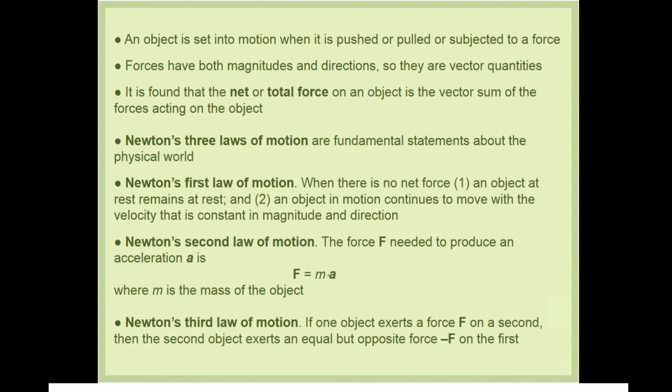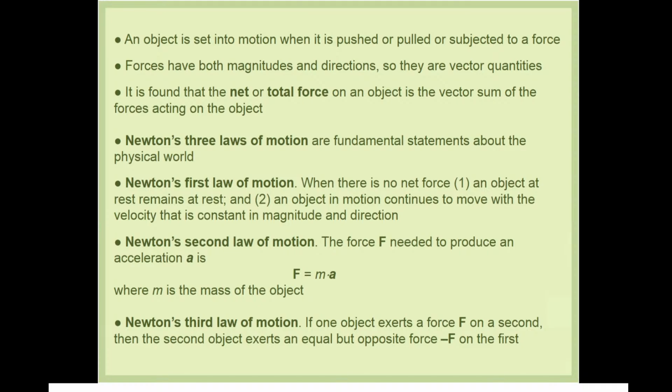Newton's three laws of motion are fundamental statements about the physical world. Newton's first law of motion has two statements. When there is no net force, the total resultant force equals zero, an object under investigation is at rest.